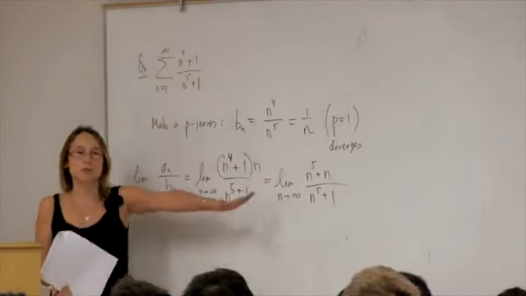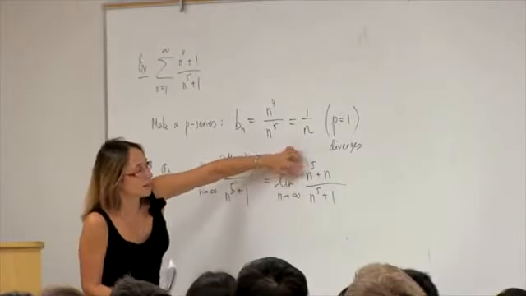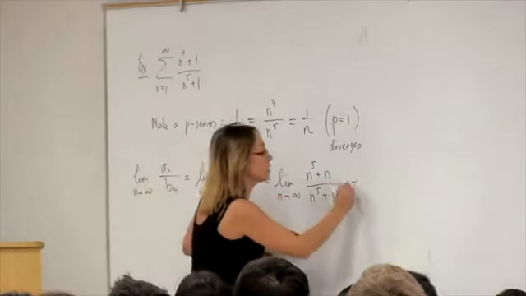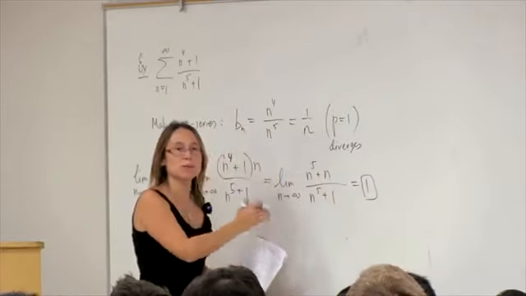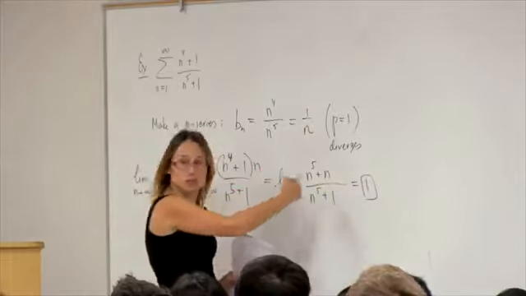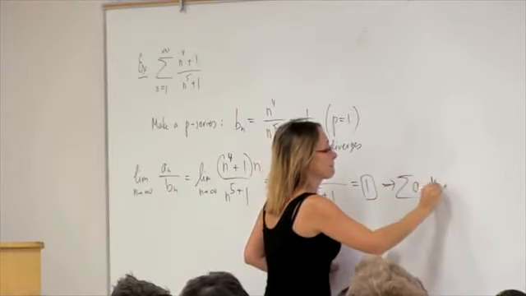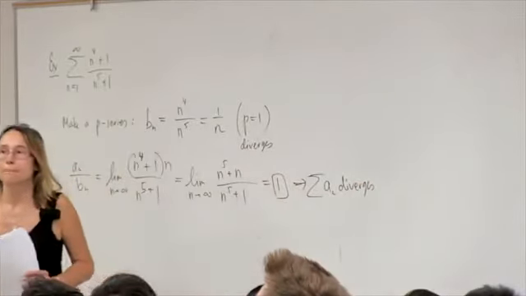What's the answer without doing any more calculations? It's 1. It's the coefficient in front of this divided by the coefficient in front of this, 1. So it's not 0, it's not infinity. The two behave the same. This one diverges, then an diverges too. Questions? Okay.